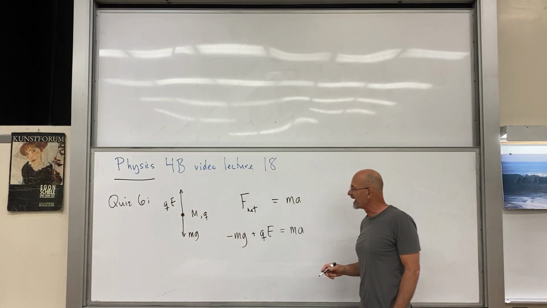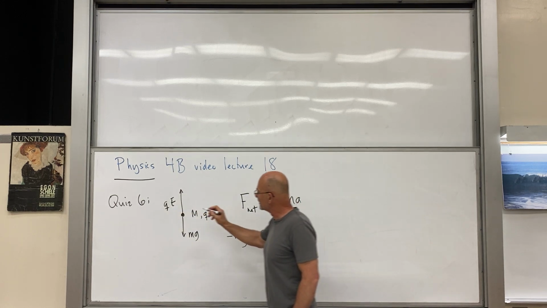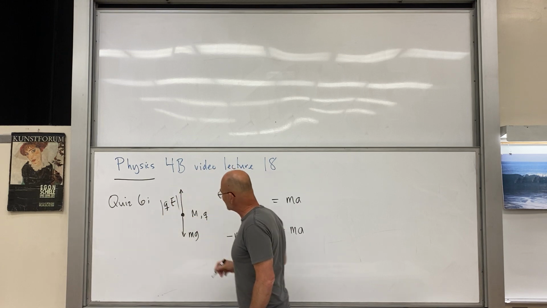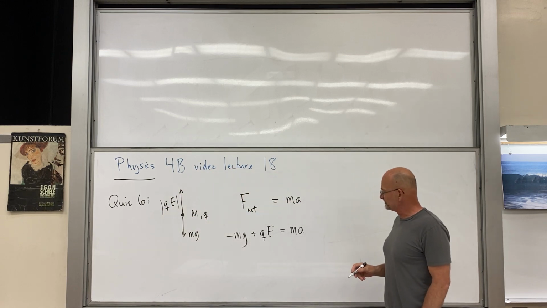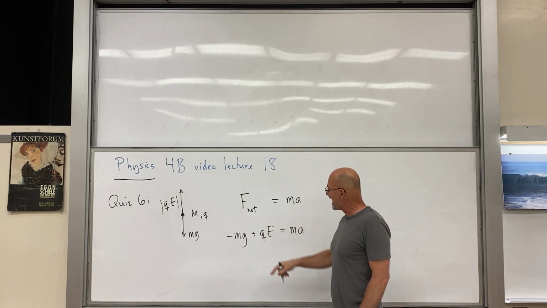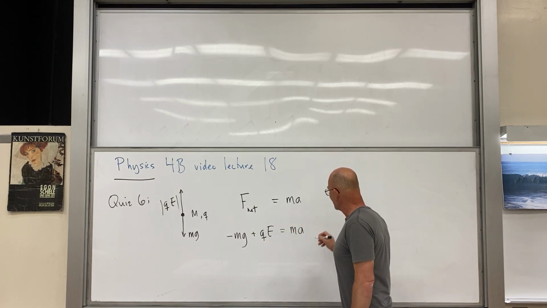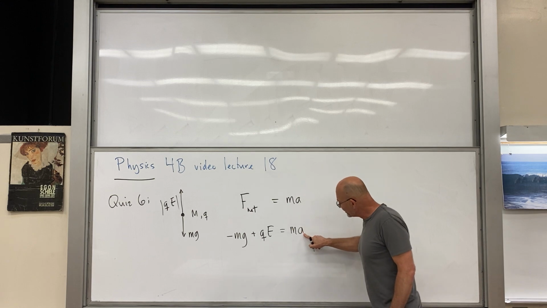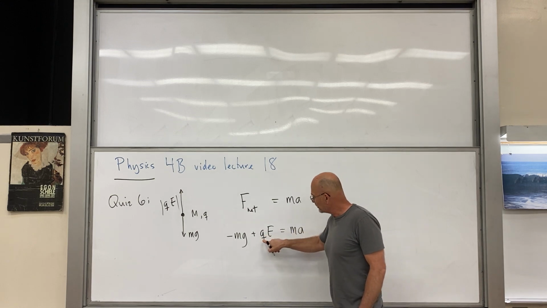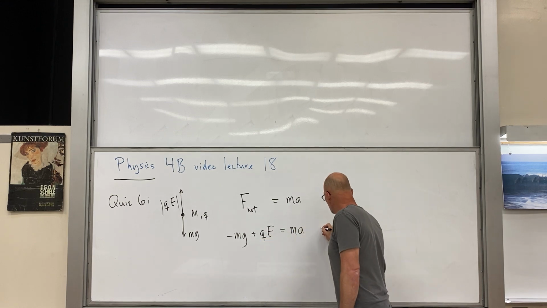I could just say that that was the magnitude there. So QE is a magnitude. But A was given, and we're trying to solve for Q.